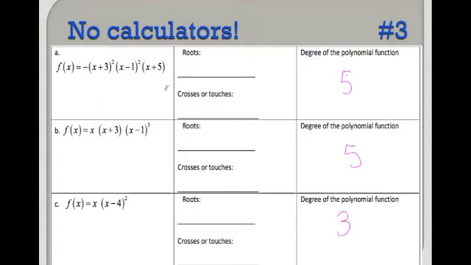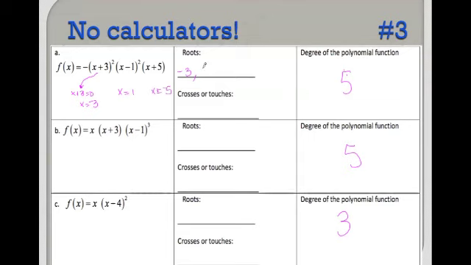To get my roots, I'm going to look at each factor and see what happens at 0. So here, if x plus 3 equals 0, subtract 3 from both sides, so x is negative 3. So that's one of my roots. At x minus 1, x would equal 1, and x plus 5, x would equal negative 5.